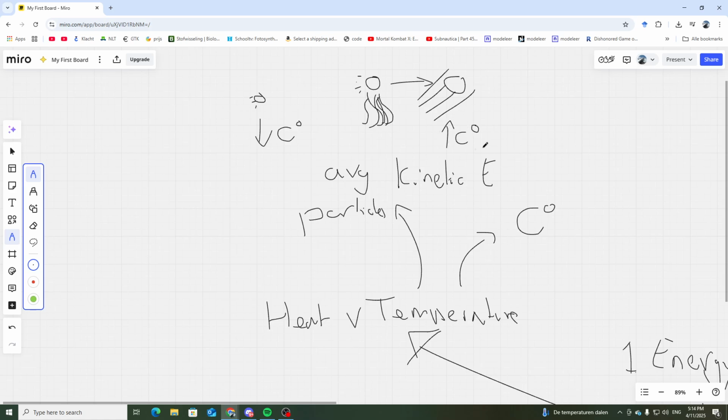And we measure this in Celsius often, sometimes Kelvin, or if you're really crazy, Fahrenheit. That is temperature. So this is something that you can easily relate to, I hope. And in particle theory, we say that average kinetic energy of particles is temperature, the speed at which particles move.